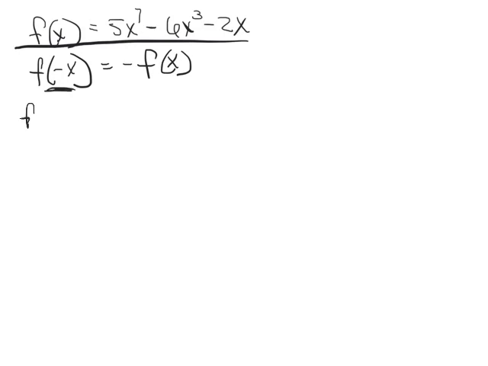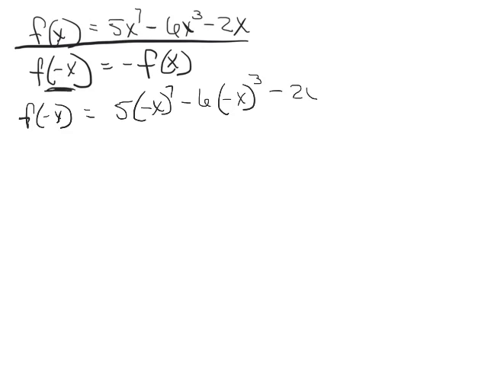So f of negative x equals 5 times negative x to the 7th minus 6 negative x cubed minus 2x. Okay, and you know enough to realize that whenever you have a negative here and an exponent's odd, your answer is going to be negative.